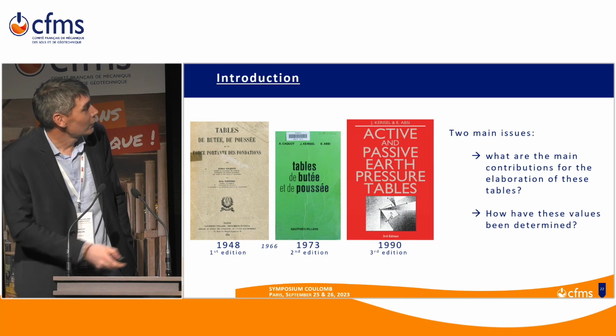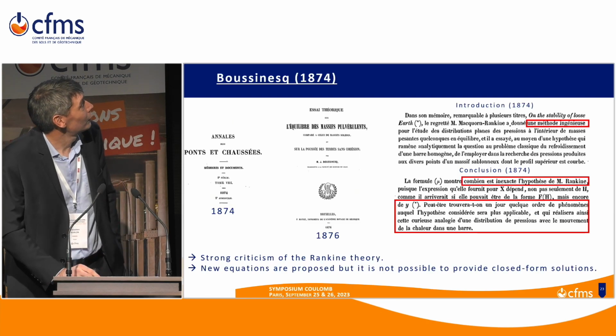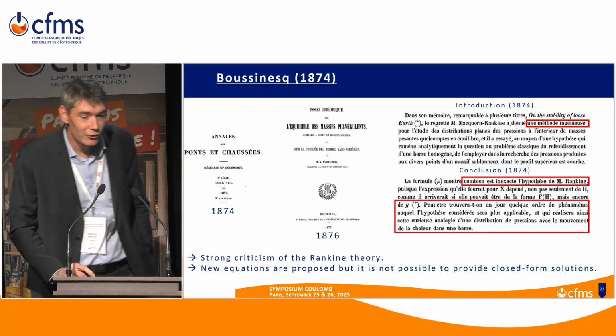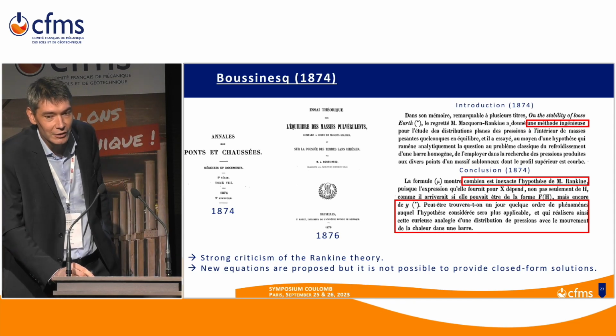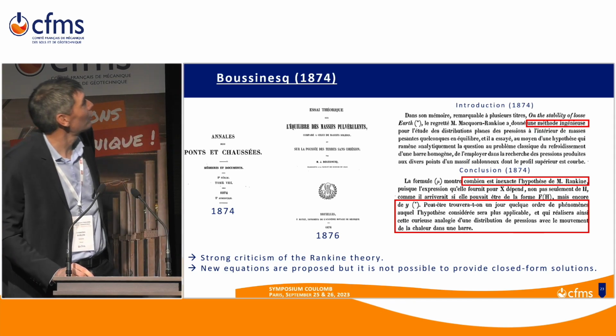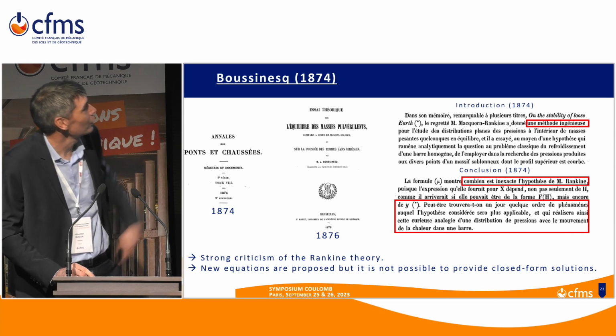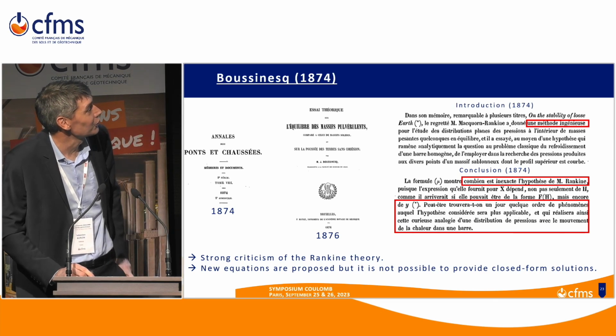Regarding the first issue, the first contribution was due to Boussinesq in 1874, with this paper published in the Annales des Ponts et Chaussées, or this book published in 1876.